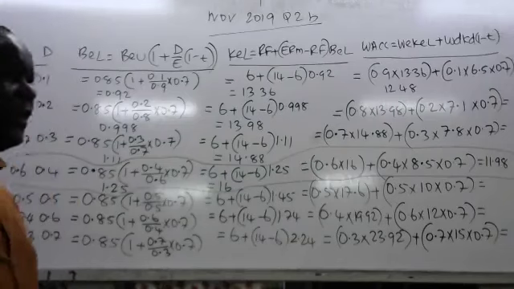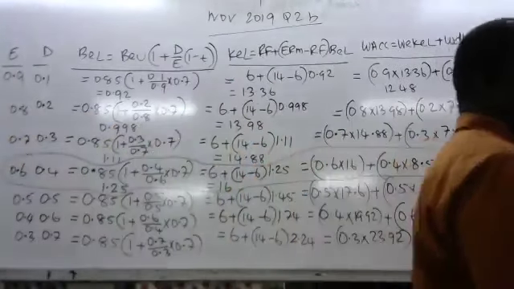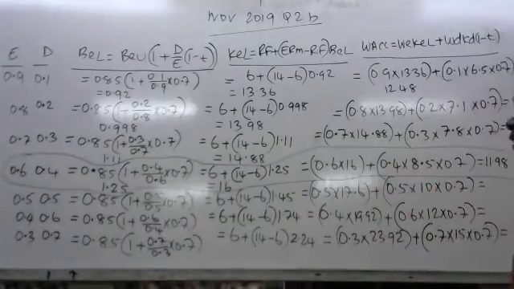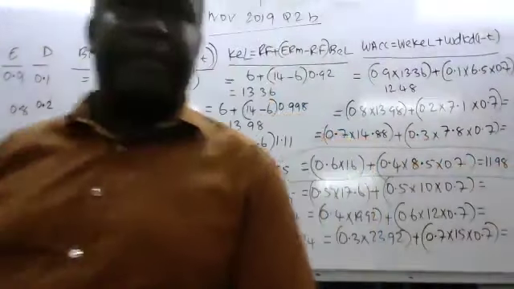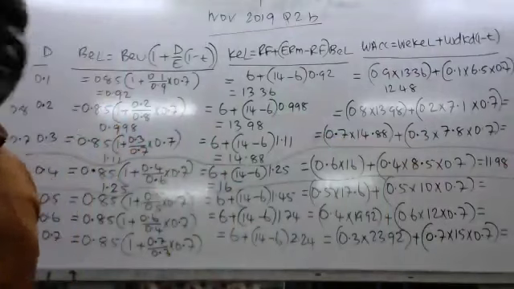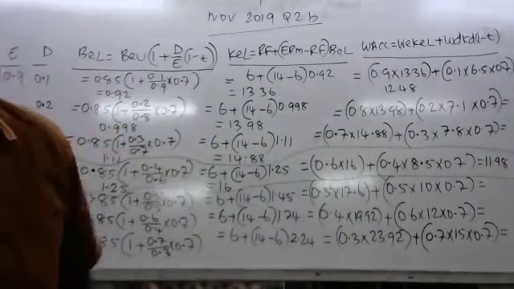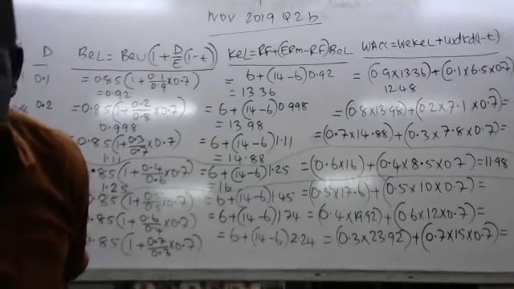Then you proceed and say that the optimal WACC is 11.98. So that's the minimum. Yeah, so that's now how you are to go about to comment on that.